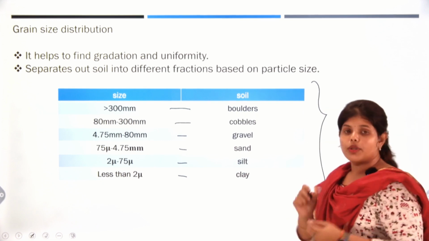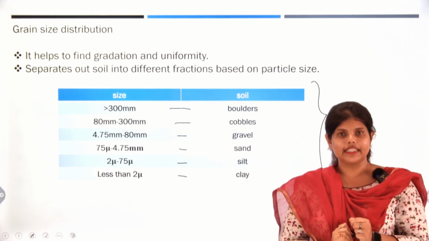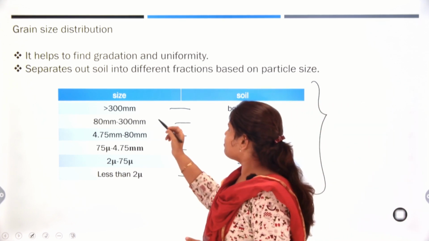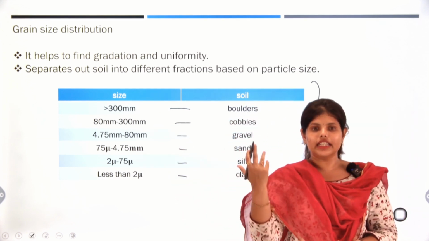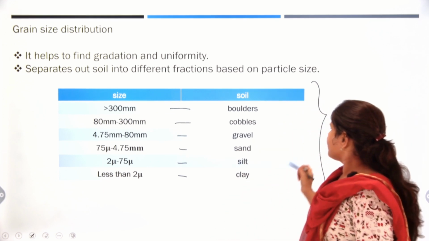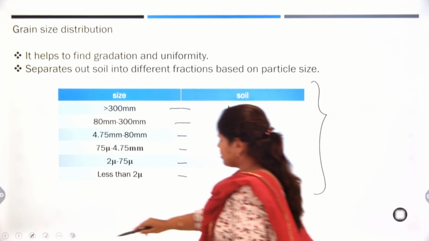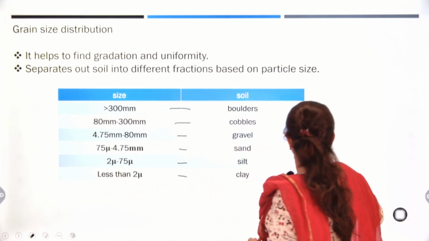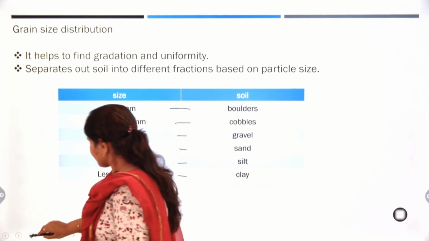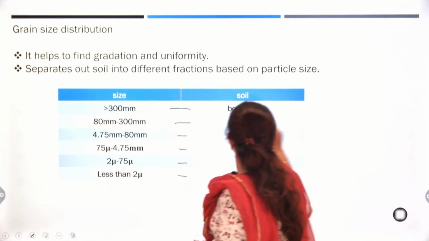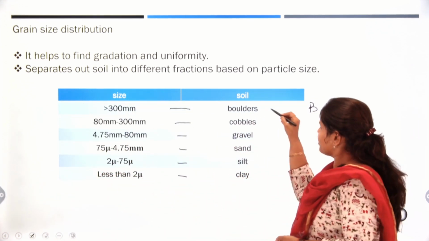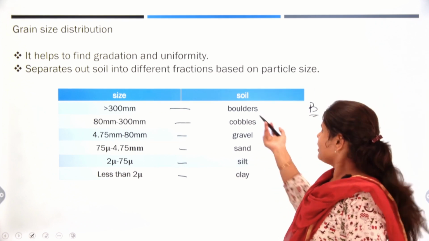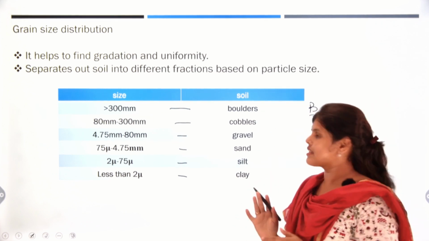If the particle size is greater than 300 mm, we term it boulders. We need to remember these terms, as we will use them again when classification of soil is necessary.